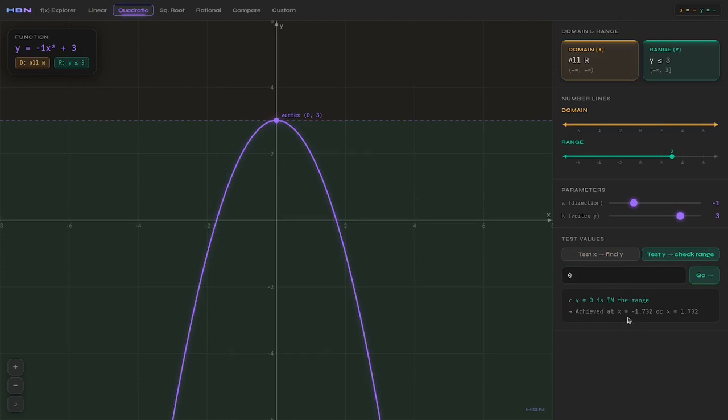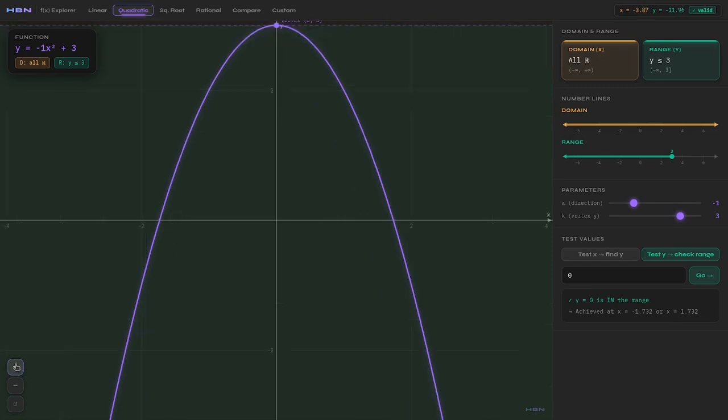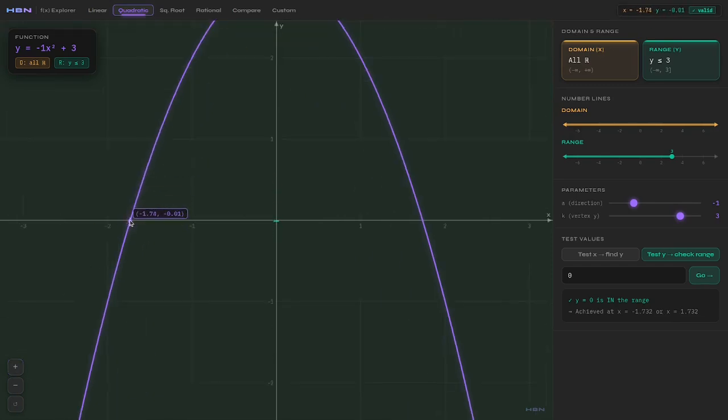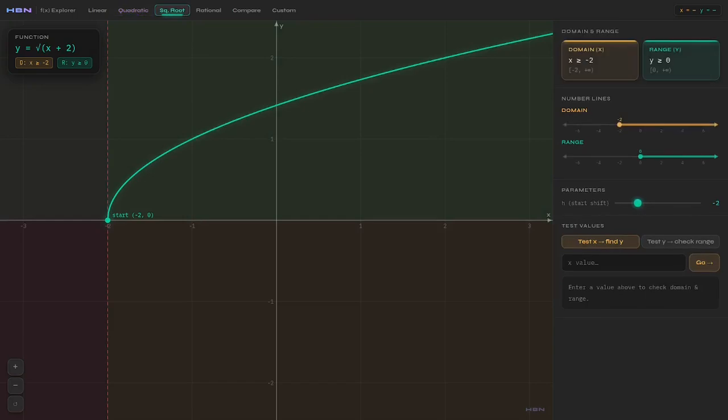That is -1.732 or 1.732. Those are these points we see over here. So if I zoom, you can even see that clearly, this coordinate and also this coordinate as well. Then when we come to square root, we know it never goes to the negative domain.